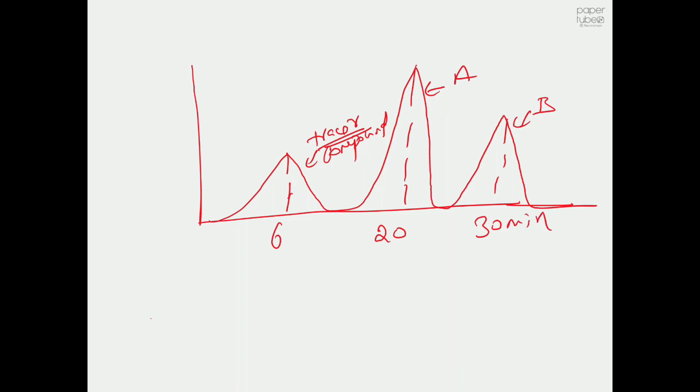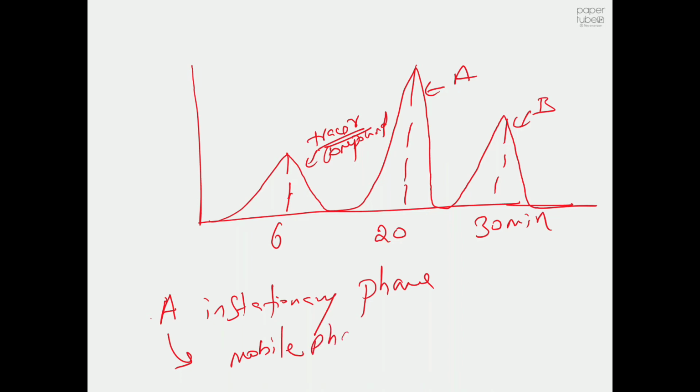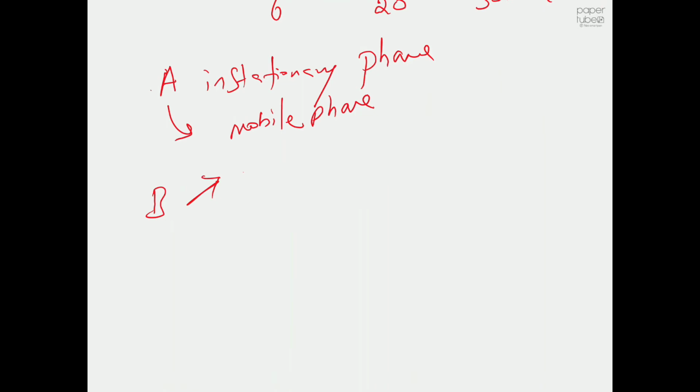If I ask you to calculate the time spent by compound A in the stationary phase and the time spent by A in the mobile phase, and likewise the time spent by compound B in the stationary phase and the time spent by compound B in the mobile phase, you have to calculate for me.